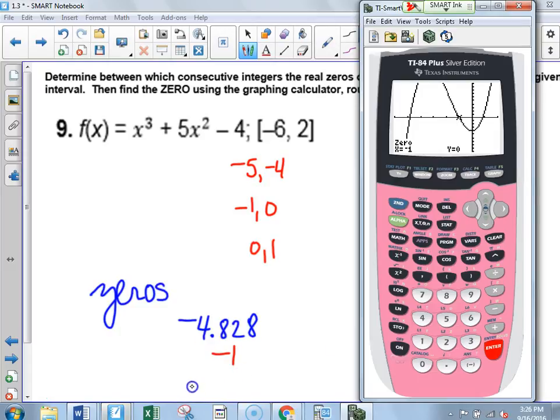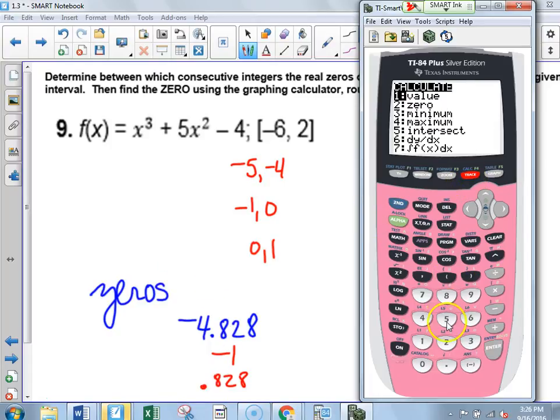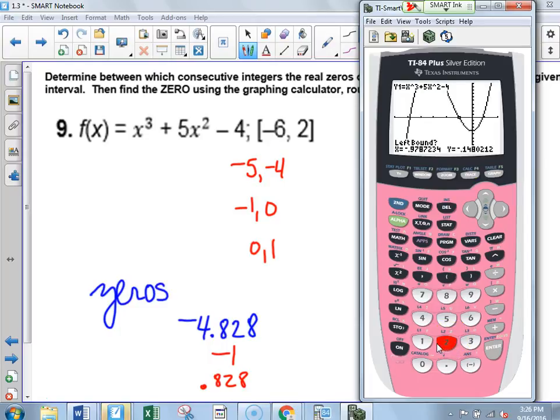And the third one, did anybody find the third one? 0.828. Everybody okay? Need me to find it? I'm choosing 0, and there's one over here somewhere. If you were scrolling, you would just scroll over here and make sure you're to the left and then to the right. Miranda?